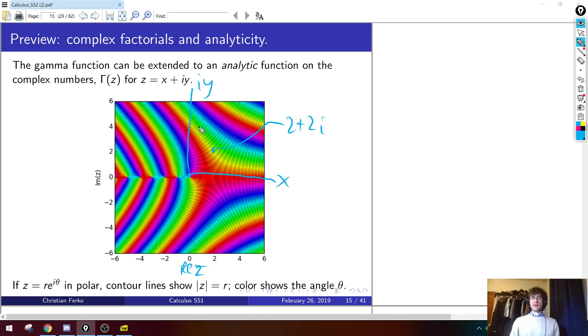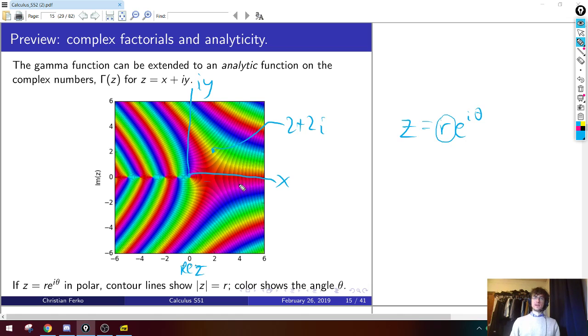It's very hard to graph complex numbers in a two-dimensional plane, so people usually use colors. What the colors here represent are the angle, if you write the complex number in polar coordinates, r e to the i theta. So the color here is the angle theta, and these contour lines, which you'll study next week in 1802 already, are telling you how the size of r changes as you move.